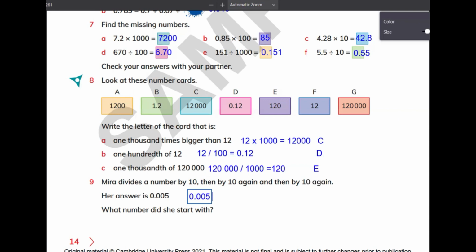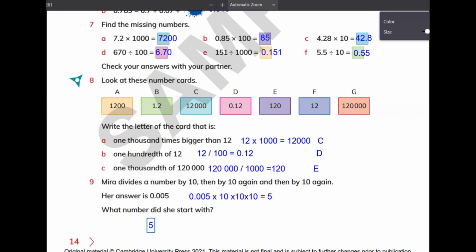She divided by 10, so you multiply by 10. And you multiply by 10 again, and by 10 again. Why? Because she divided by 10, then by 10, then by 10 again. When you multiply by 10 three times, you move the decimal point 3 places to the right: 1, 2, 3. So your answer will be 5.0, which is 5. So she started with the number 5.